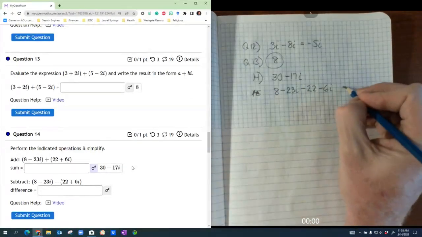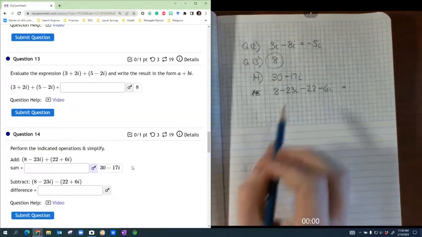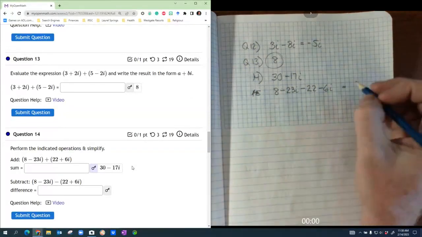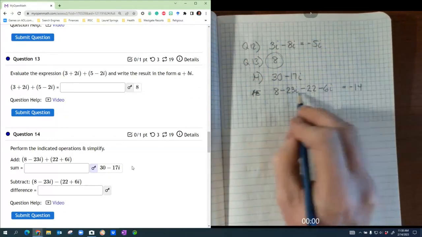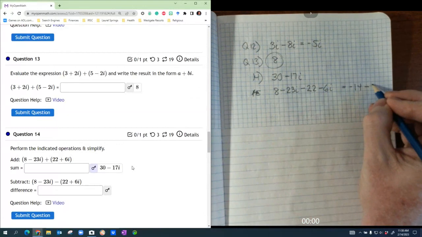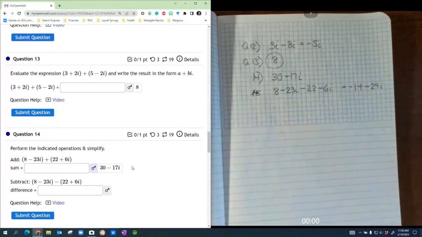So that's going to be negative 22. All right. Adding 8 is going to give us negative 14. And then adding these two parts together, we're going to get negative 29i. We have that answer. So that's what we're looking for as our answer.